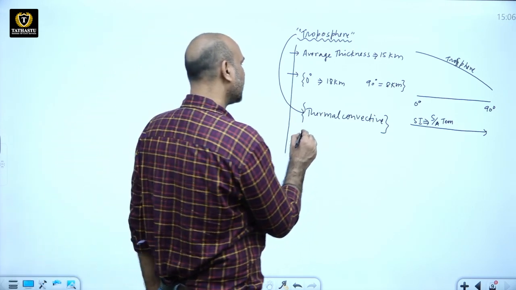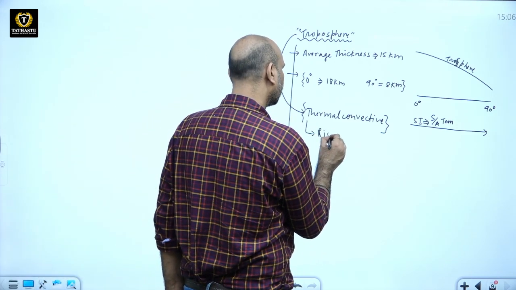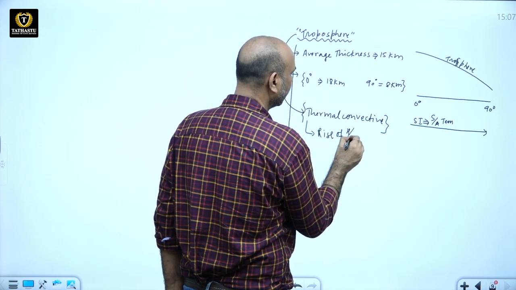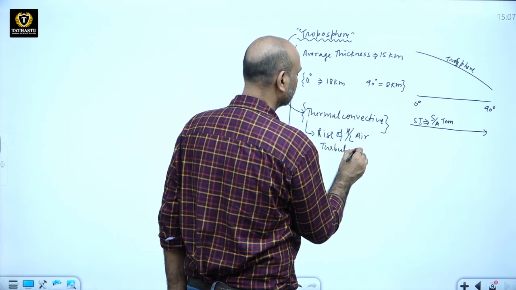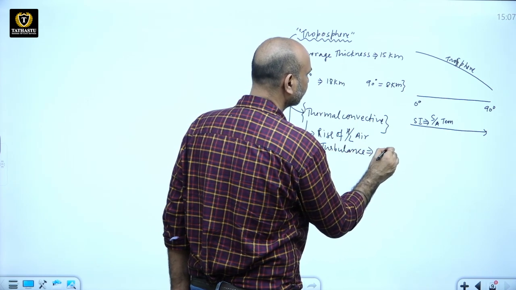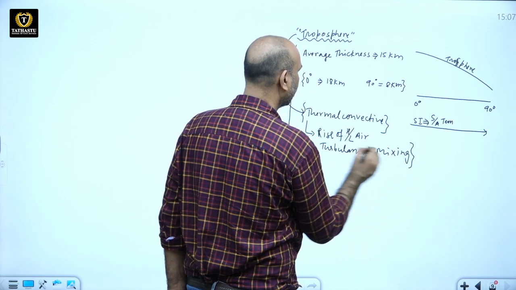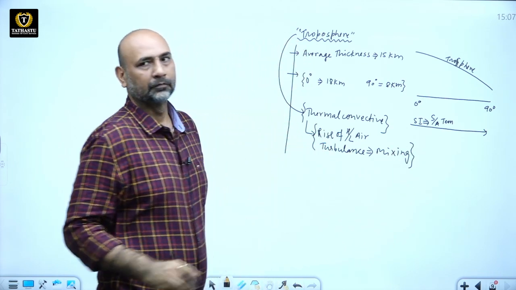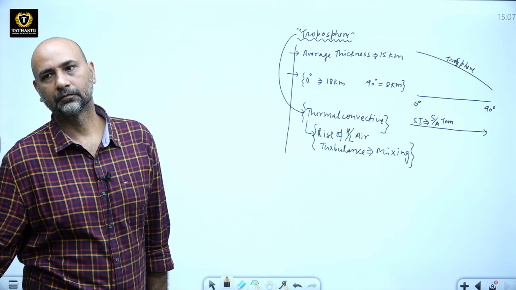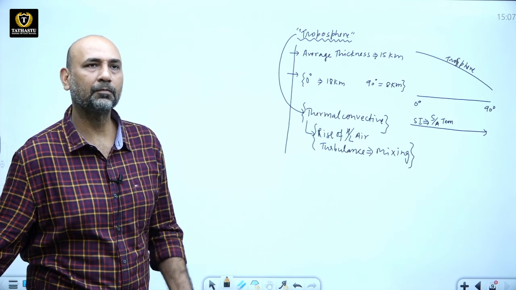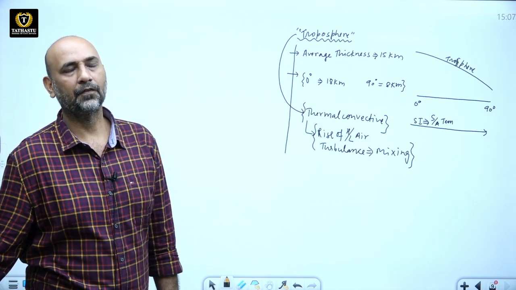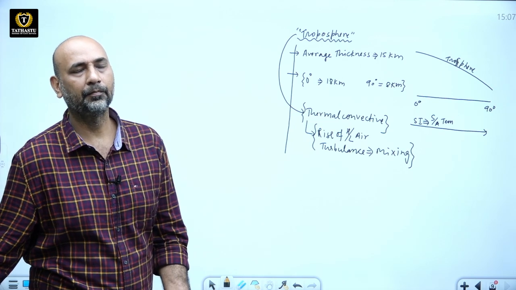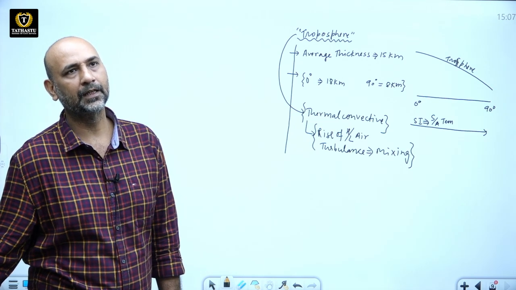This thermal convection in the form of rise of hot and lighter air is the source of turbulence. Turbulence is the source of mixing of air. Remember that turbulence is also a source of moderation in temperature. If turbulence occurs in the atmosphere, mixing of air occurs and temperature is moderated.